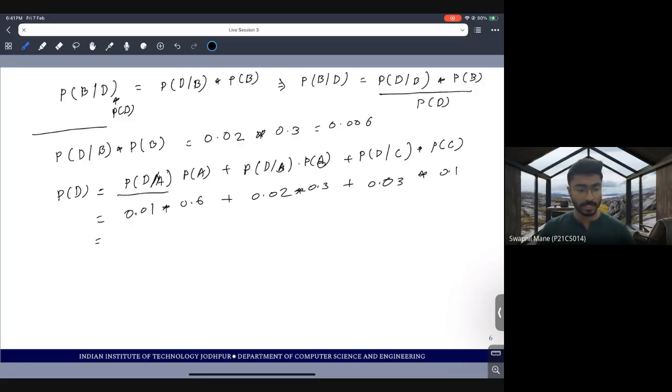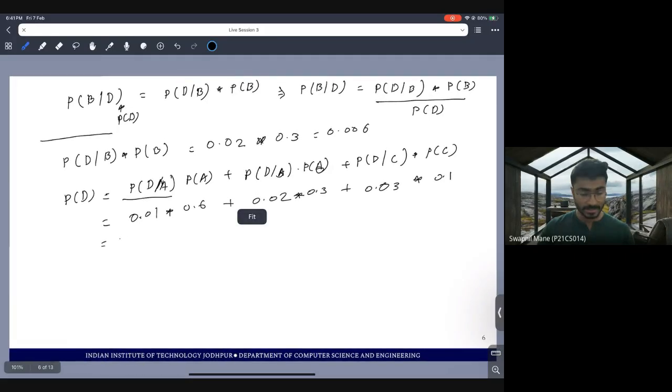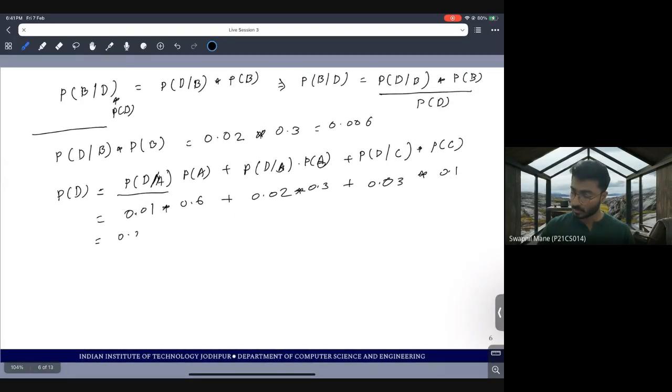So if you calculate it, how much are we getting for this? 0.45. Okay, maybe the value we get is 0.15, right? Let's divide by this value, the probability of defective.